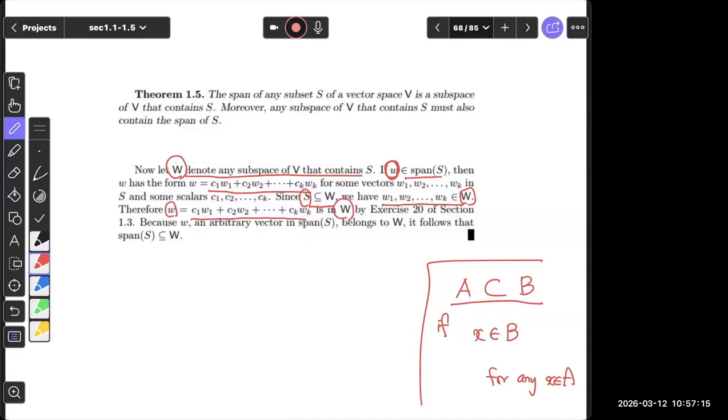That means any arbitrary element in the span of S belongs to W.